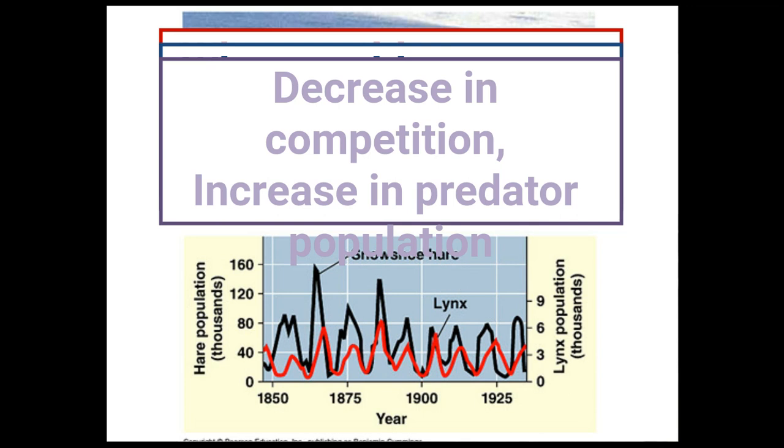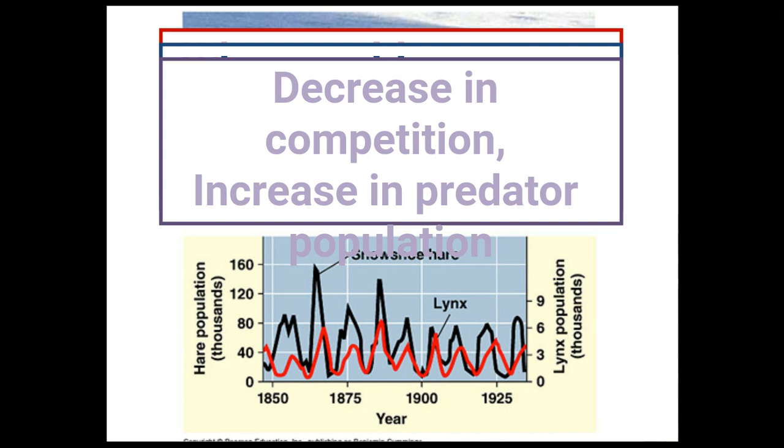And if you notice, as you increase the lynx, it seems like the snowshoe hare also starts to increase. So let's think about the lynx as the predator. If the hares start increasing in population, so say they're just breeding and there's more and more of these bunnies, well, the lynx has less competition.